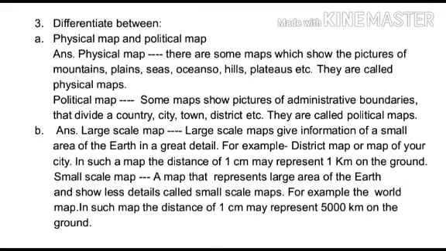Question 3. Differentiate between A. Physical map and political map. Answer. Physical map. There are some maps which show the picture of mountains, plains, seas, oceans, hills, plateaus, etc. They are called physical maps.